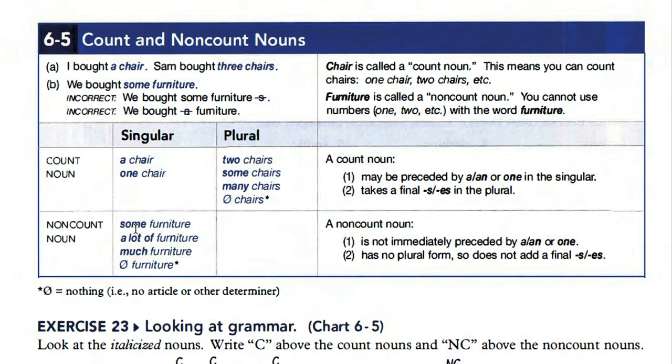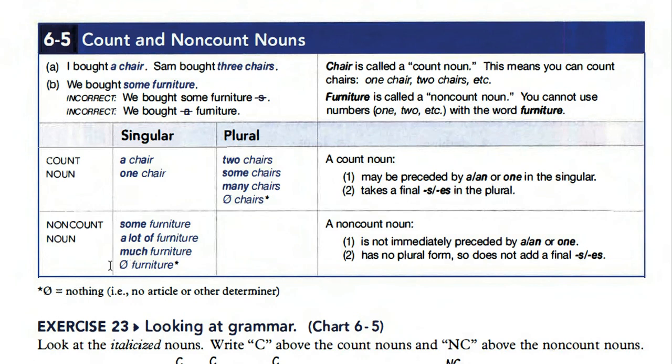Here we have words like some, a lot of, much. Others can be added, like several or a great deal of. Later we will focus more on how to use these words and what they mean in a sentence. Finally, here we have furniture without any kind of determiner or article.